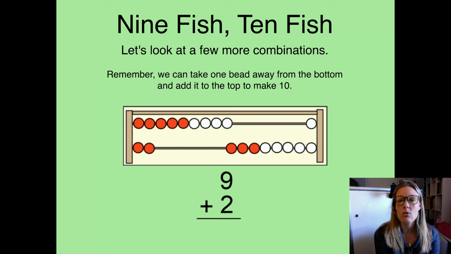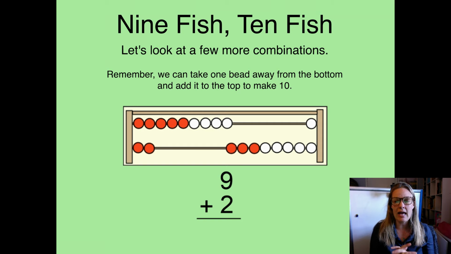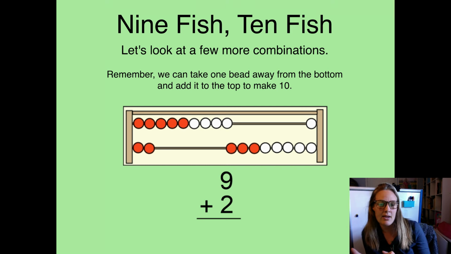All right, guys, let's look at this one. Remember, we can take 1 bead away from the bottom and add it to the top to make 10. I like that idea. Did you hear that? I'm going to read that again. Remember, we can take 1 bead away from the bottom and add it to the top to make 10. So right now our number rack is showing us 9 on the top and 2 on the bottom. So if I slide 1 over on the top, I'm going to slide 1 away on the bottom.